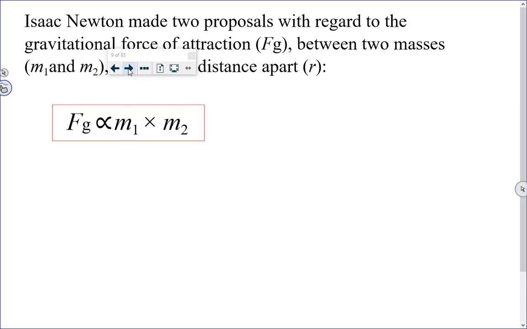If you were to take one of the masses and multiply it by 10, change the mass, swap it out for something that has 10 times the mass, you would get 10 times the gravitational force. And by the way, and you don't need to write this down because we will have examples later, if I were to take this mass and double it, and this mass and triple it, then I would get 6 times the gravitational force.